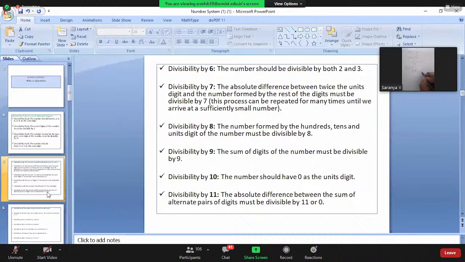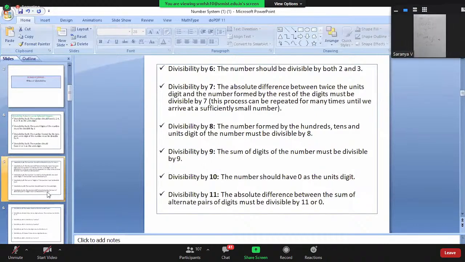So when you double it, 87 minus double it, that means multiply it by 2, 10. So when we subtract, it's 77. If 77 is divisible by 7, therefore we can say that 875 is also divisible by 7. It's better we divide and check for 7, 13, 19 and all. It will be the same kind of rule.